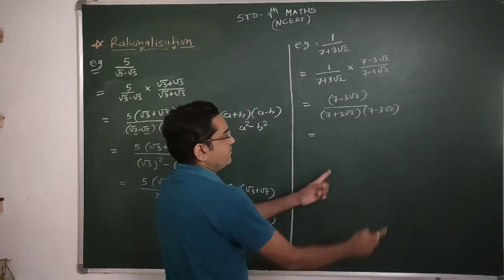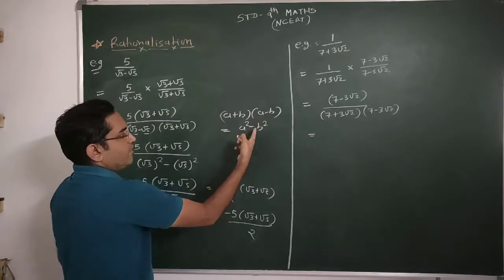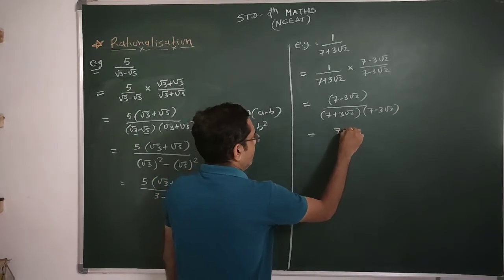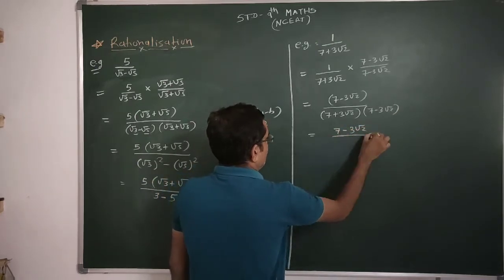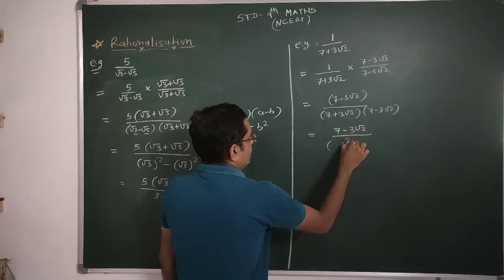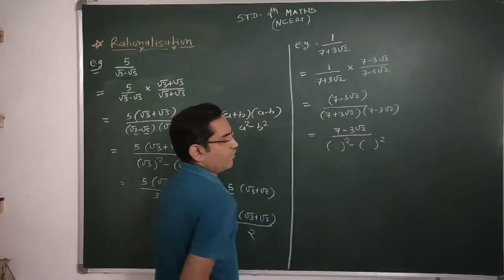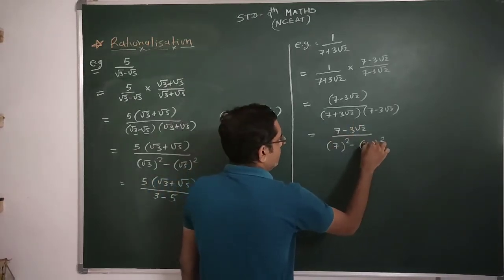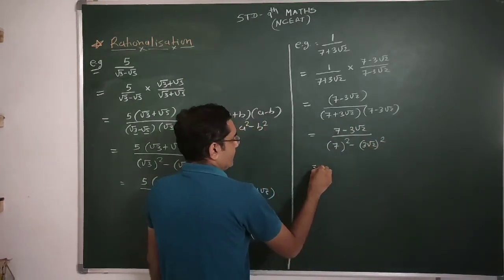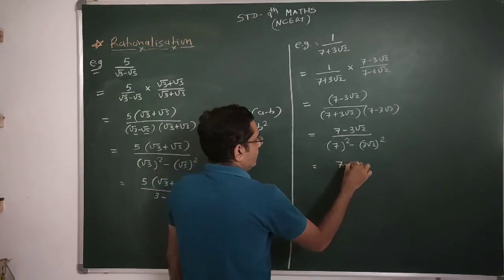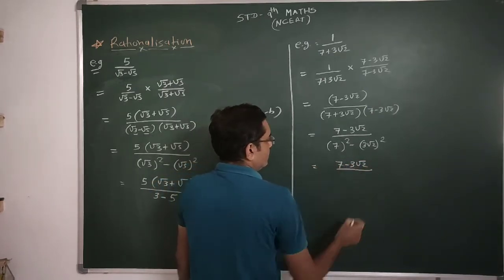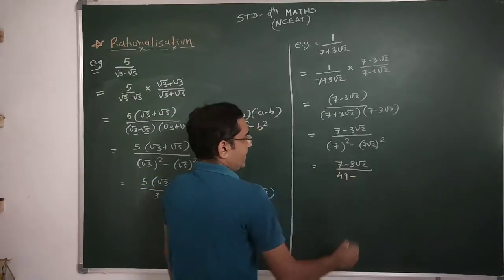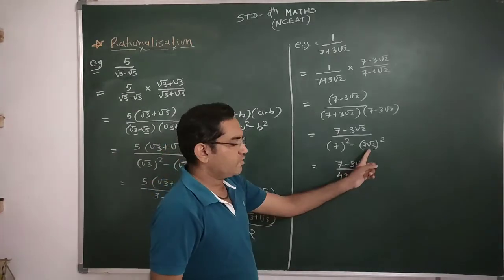Clear? Again the same formula, a plus b into a minus b, which is the first term square minus the second term square. So we get 7 minus 3 root 2 divided by the first term square minus the second term square. Here the first term is 7 and the second term is 3 root 2 whole square. So this is equal to 7 minus 3 root 2 divided by 7 square, and 7 square is 49, minus Manan, what is the square of 3 root 2?